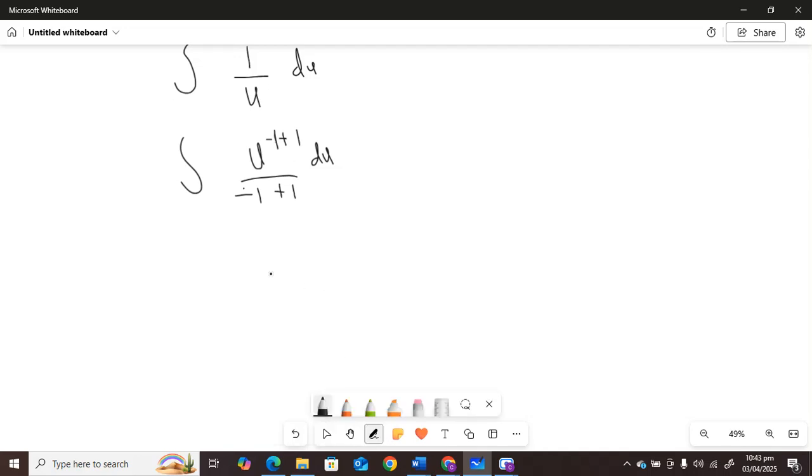So you have u to the power 0 over negative 1 plus 1 is 0. Now, colleagues, whenever you have a 0 in your denominator, that answer is undefined. So u to the power 0 is the same as 1, so 1 over 0.